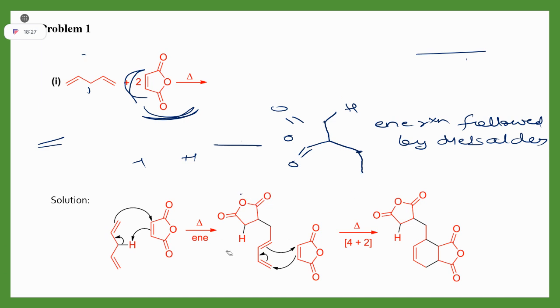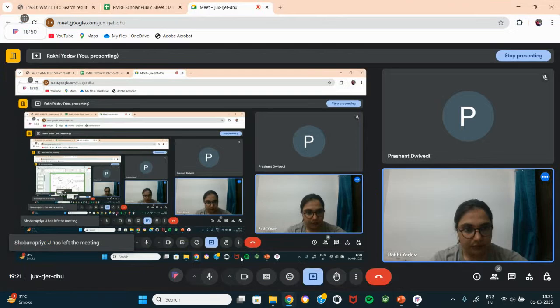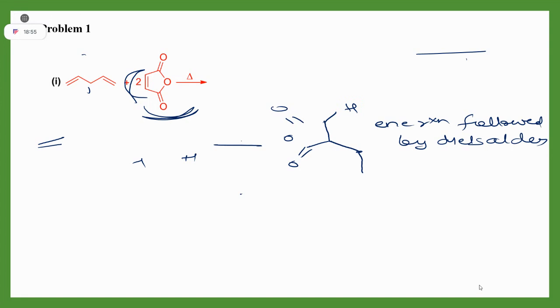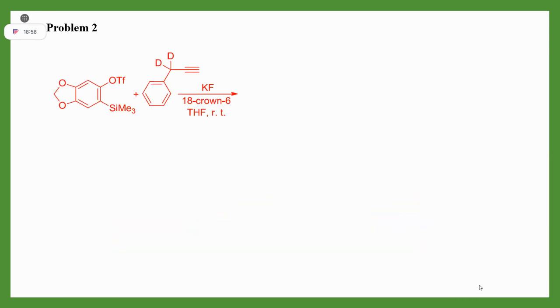So basically allylic hydrogens are present, so first the ene reaction will take place. Now, since it has become your diene, this can take part in a 4 plus 2 reaction and you will get this product. Understood? Another student has also joined, I think. Okay. Let's move ahead. So, can you try this problem number 2?